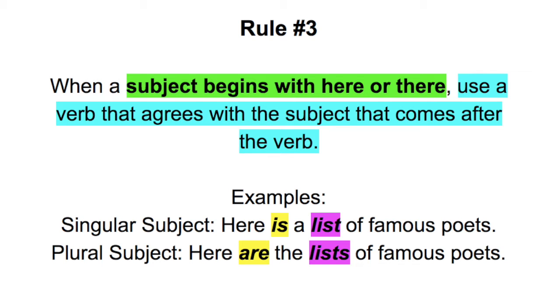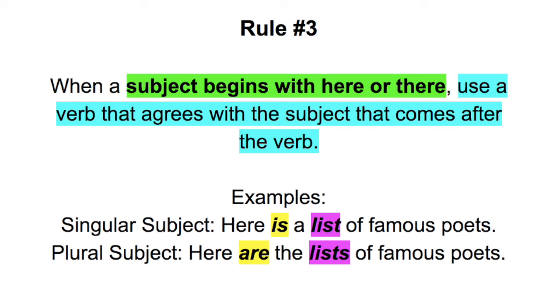Here is a list of famous poets. Here wouldn't be our subject. Where's our verb? Is. Here is a list. So list would be our subject, and list is singular, so we say is.